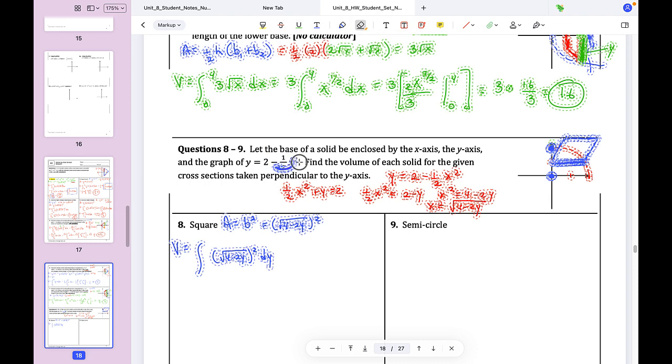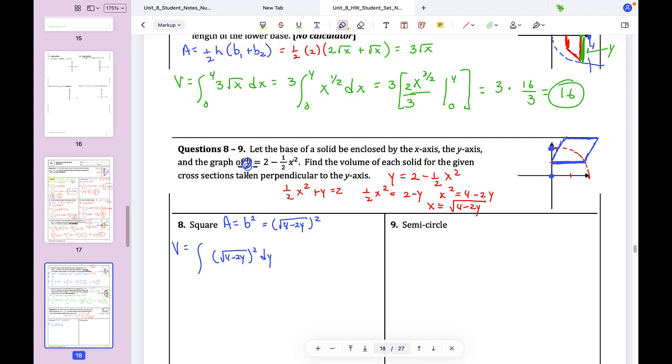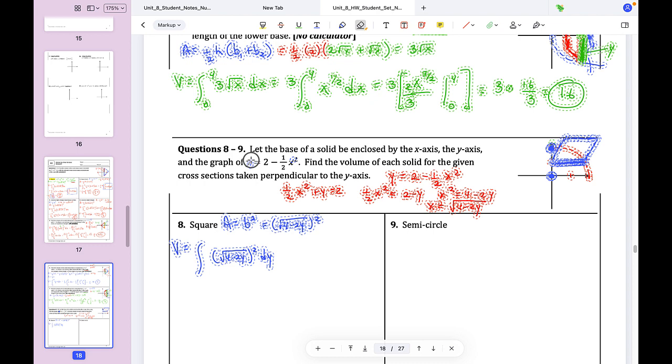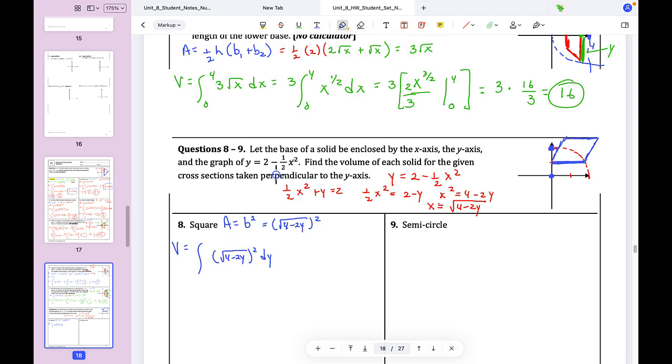The x-intercept is found by setting y equals 0, and we would solve for x and get x equals 2 also. So, in case you forgot that, we're going from 0 to 2.